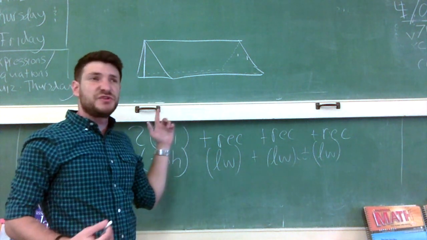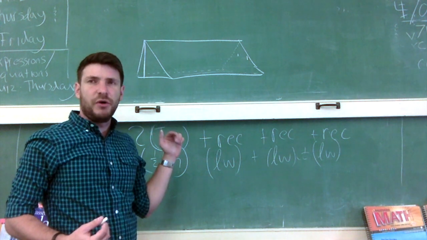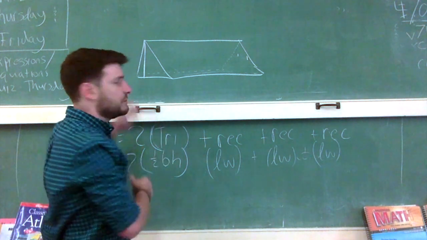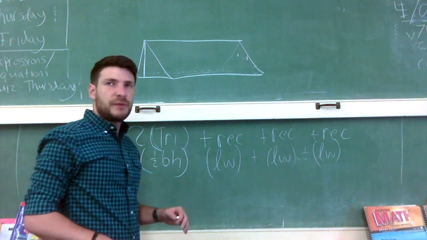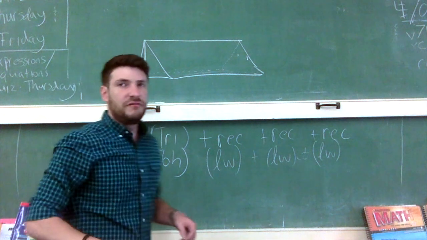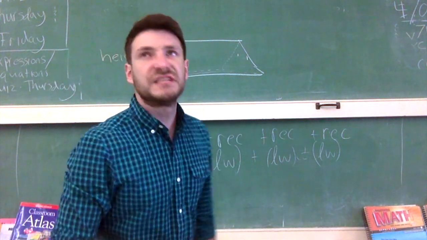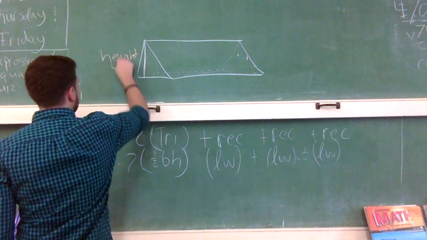Now, there's a reason I drew that tent pole. The reason I drew that tent pole from the vertex down to the base is it's going to represent the height of our triangle. I'll say the height of my triangle is 4.